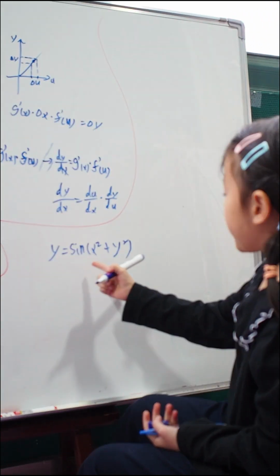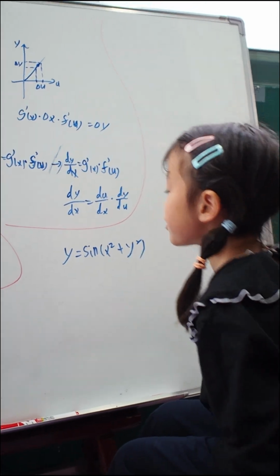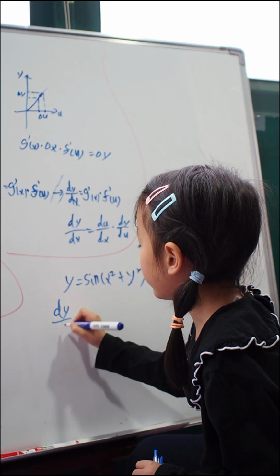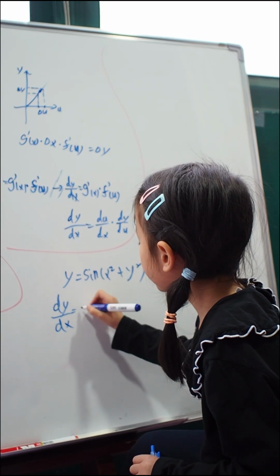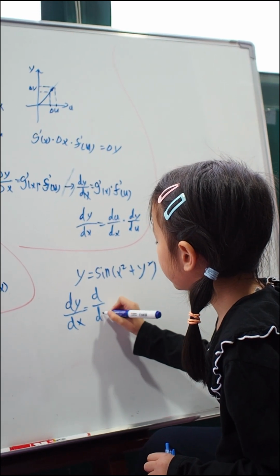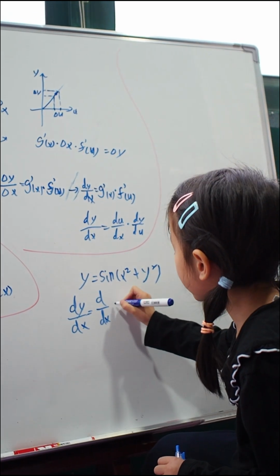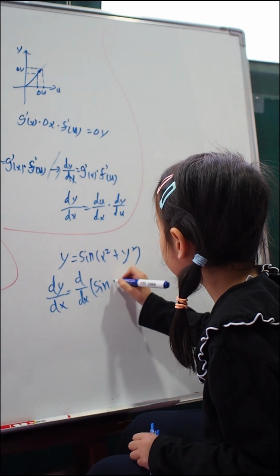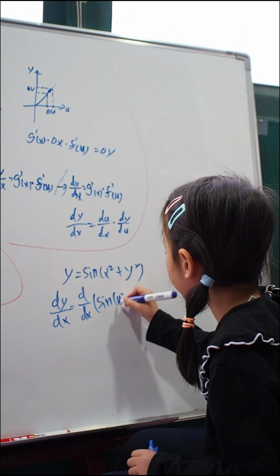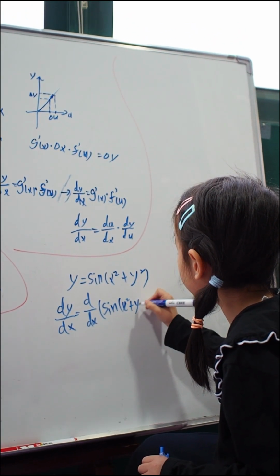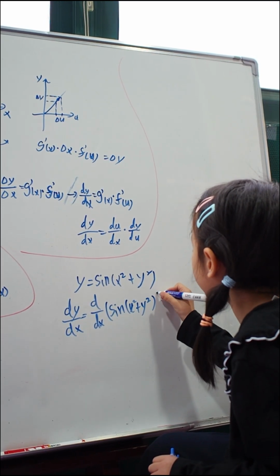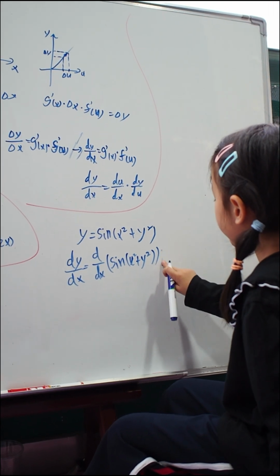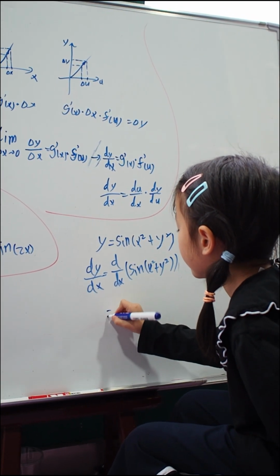Now we see the second example. The function is y equals this one, and we know its slope, so of course dy over dx equals d over dx of sine of x squared plus y squared.